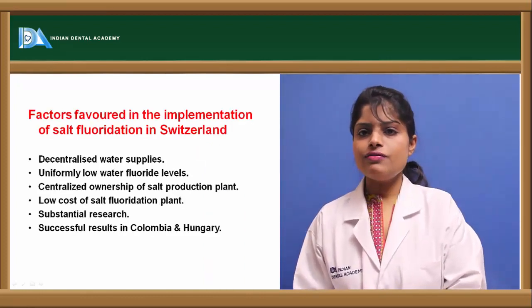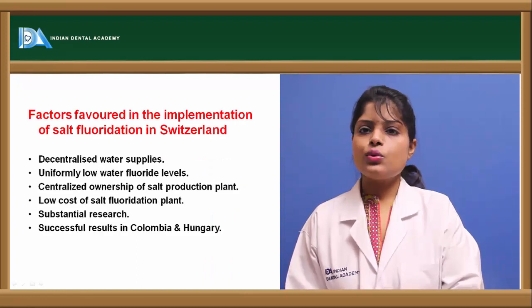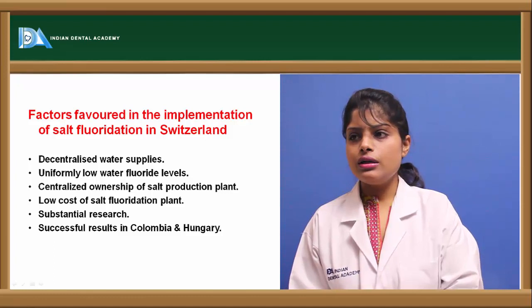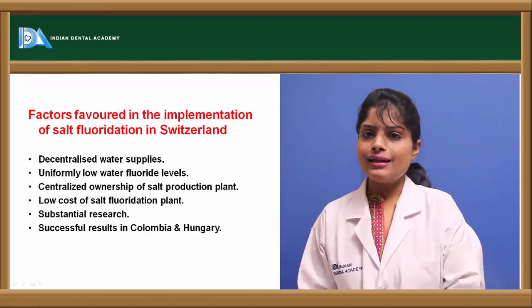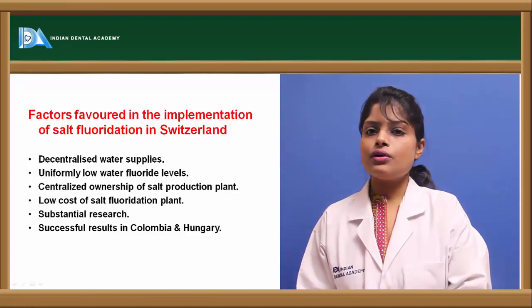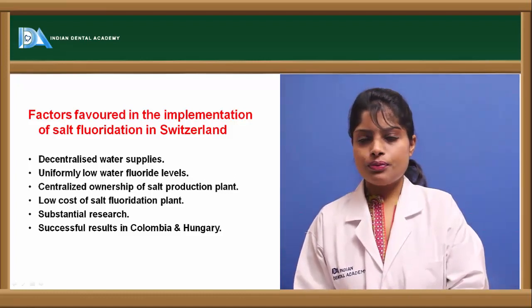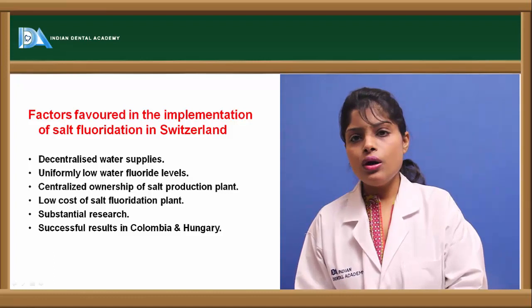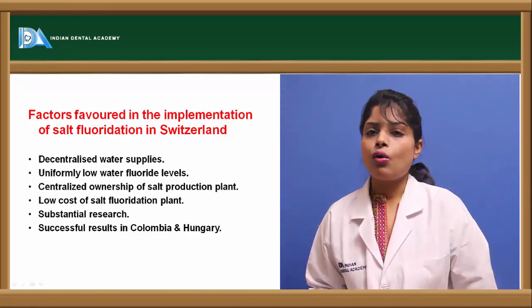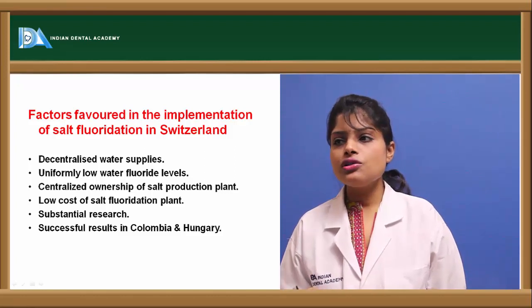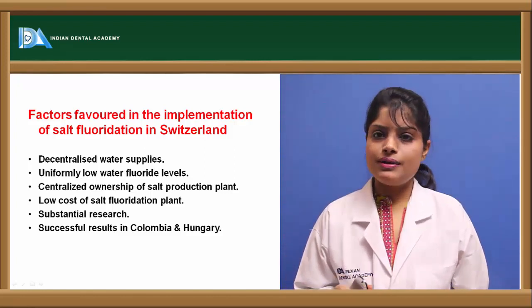Now there were certain factors which led Switzerland to make the salt fluoridated. Switzerland had decentralized, fewer water supplies, which were very small. There was uniformly a low level of fluorine in the water of Switzerland, and a centralized ownership of the salt production plant.